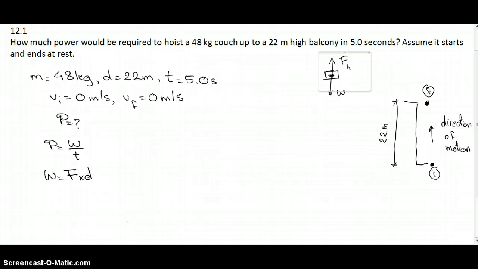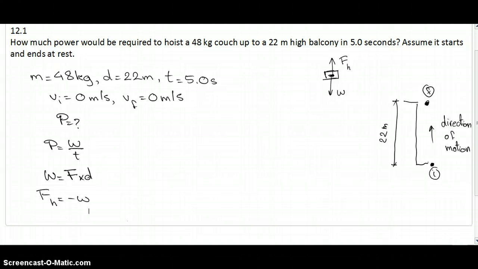So, in order to be able to lift the couch, my force, according to this figure, must be equal or greater than the weight. So at least equal to the weight in order to be able to lift the couch and carry it up. So let's take the minimum magnitude.